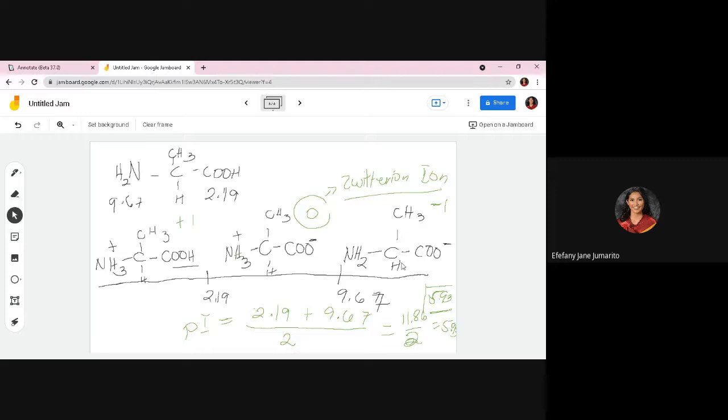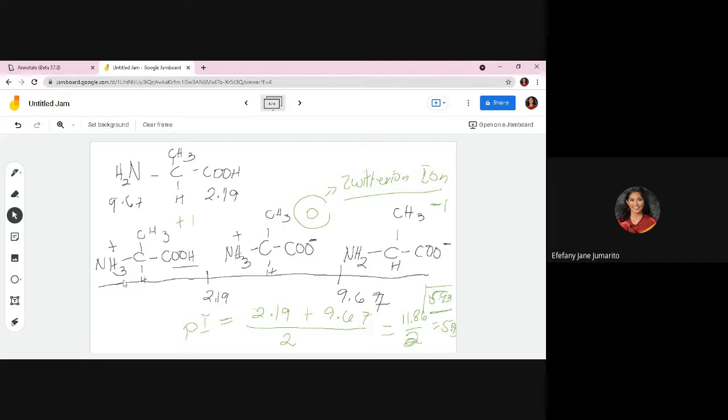Surely if you put it in a basic solution, for example baking soda, the one that reacts to the basic baking soda is your acidic group, so what gets affected there is your COOH. Now, if under acidic solution, like vinegar, what reacts there is your basic group.